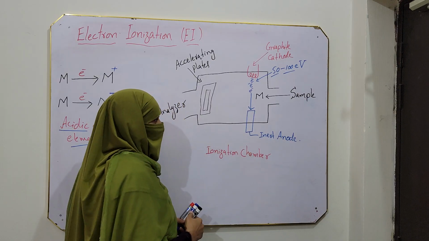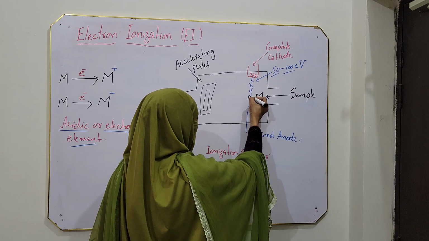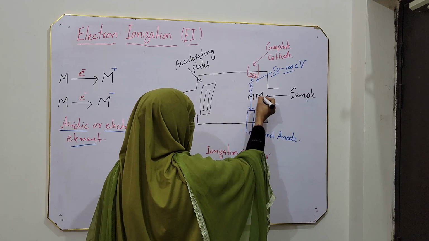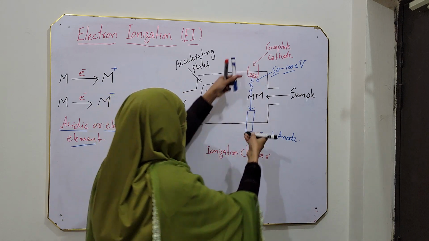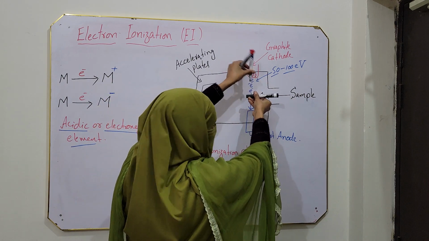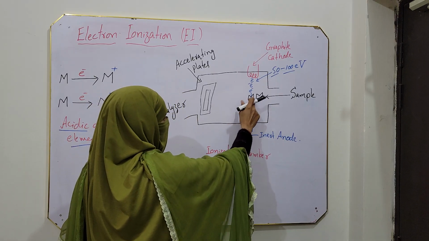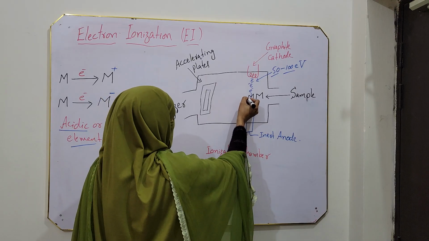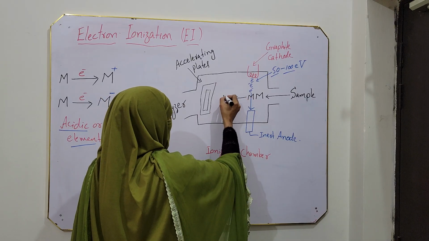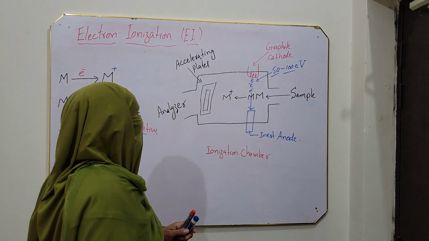At this point, the sample is introduced. Now the sample meets these electrons at a right angle. It means the sample is moving toward this position and electrons are bombarding at a right angle to the sample. When these electrons strike the sample molecule, they eject an electron from the sample. As a result, the sample gets ionized, either positive or negative.